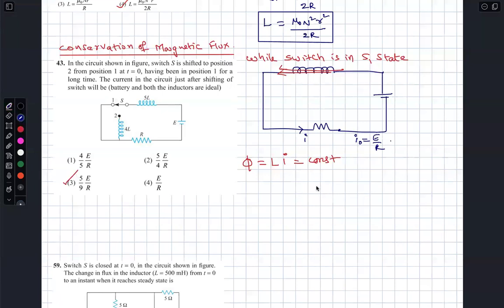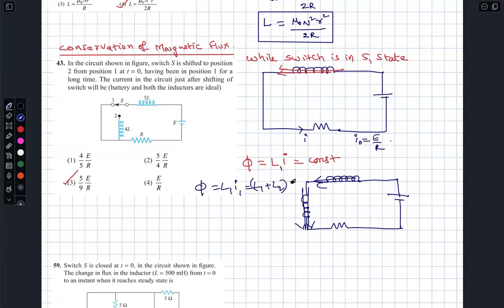Suddenly, when you throw the switch on to this, in this event also flux should be conserved. So whatever the flux here, for example, initially this is L1, I1, finally that should be L1 plus L2, I2. 5L times initial current E by R equals L1 plus L2, 9L times I2. L's cancel.